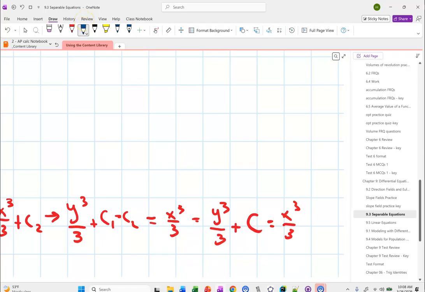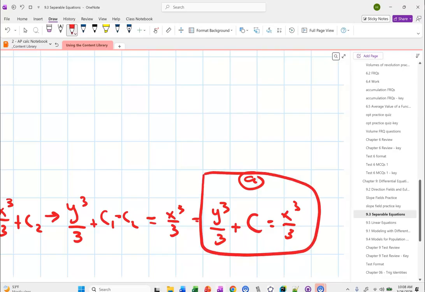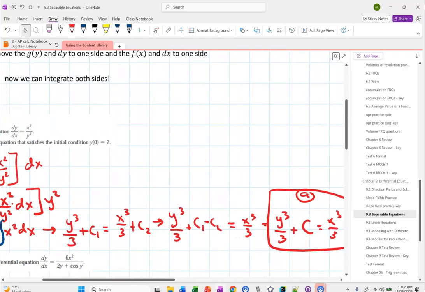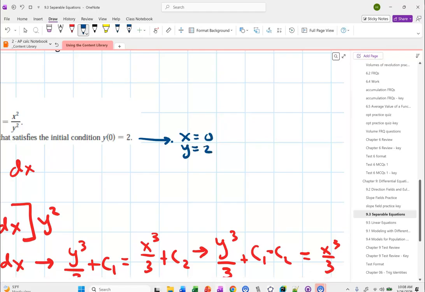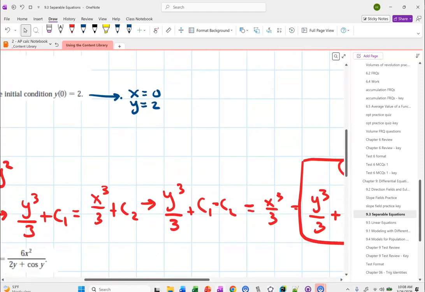Now to do part B, it says that we need to use the boundary condition or the initial condition, y of 0 is equal to 2. What that's saying is that when x is 0, y is 2, right? Okay?